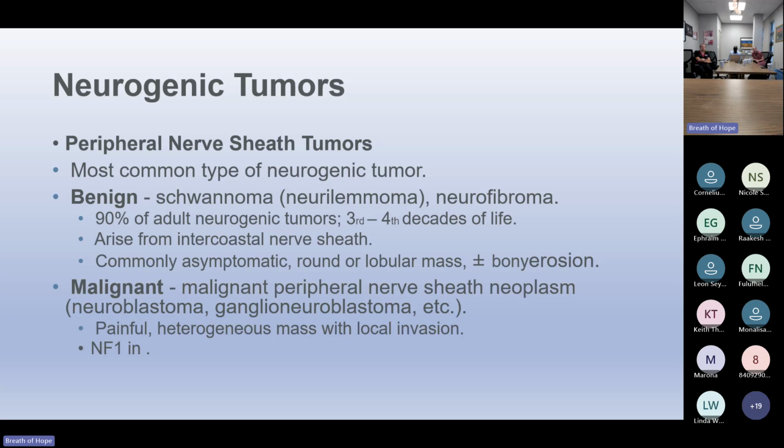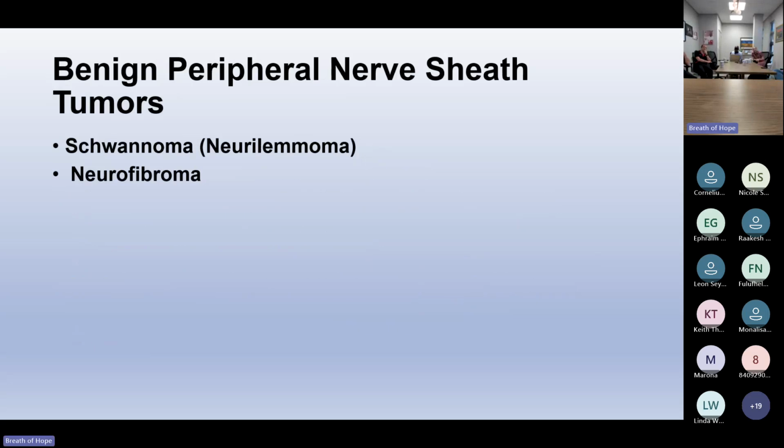Malignant peripheral nerve neoplasms, of course, would be neuroblastoma and ganglioneuroblastomas. They tend to be painful, heterogeneous masses with local invasion, and always look for neurofibromatosis. Benign peripheral nerve tumors would be, of course, schwannomas and neurofibromas.